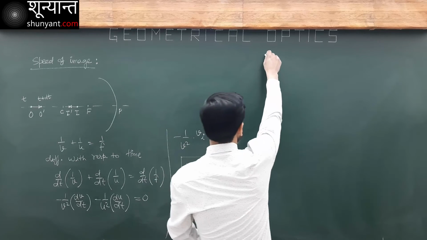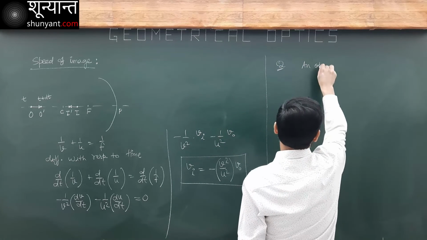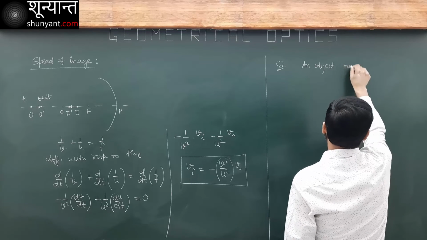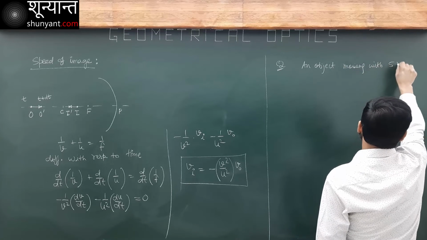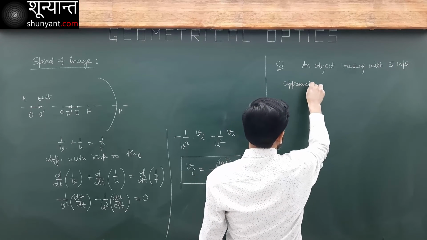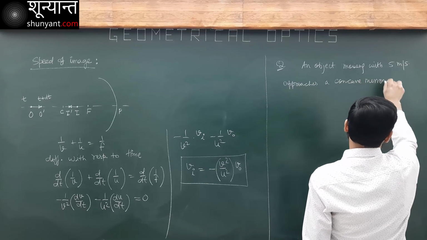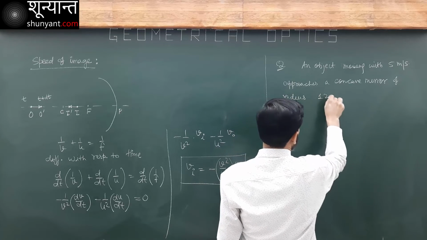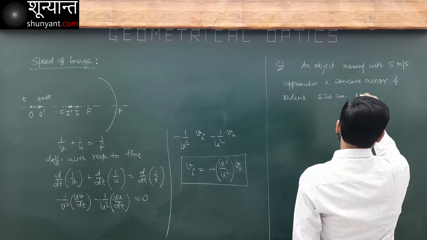Okay, let's do one question. An object moving with 5 meter per second approaches a concave mirror of radius 120 centimeter.